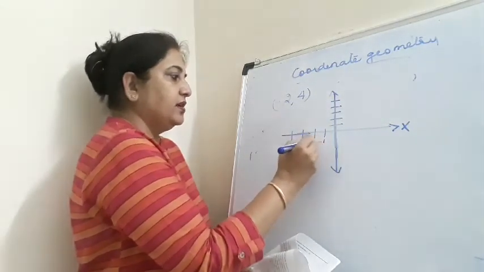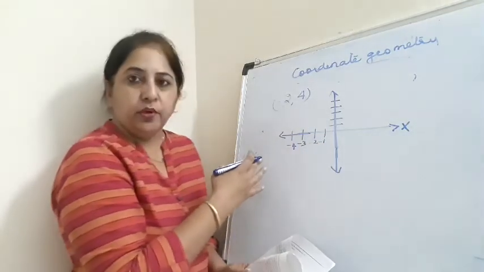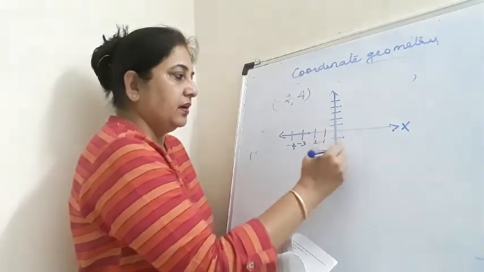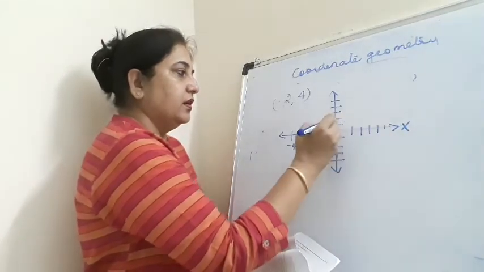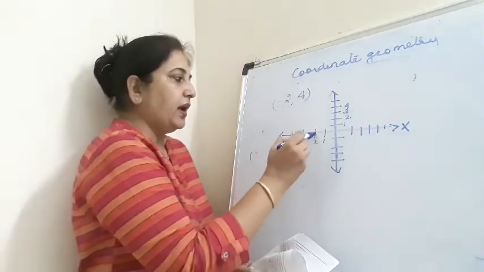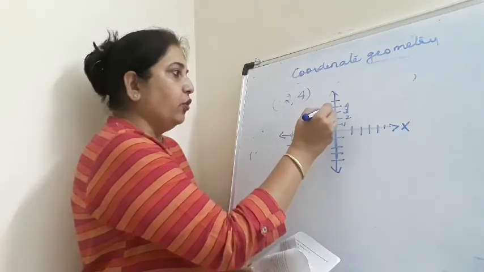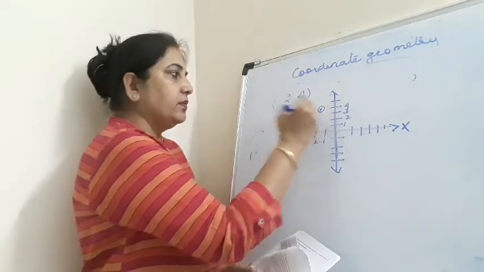Now I want -1, -2, -3, -4. I will not take more points because I don't need them. Then here also I will take 1, 2, 3 and 4. Now I want -2, right? This is -2 and this is 4. So here will be the point, right?